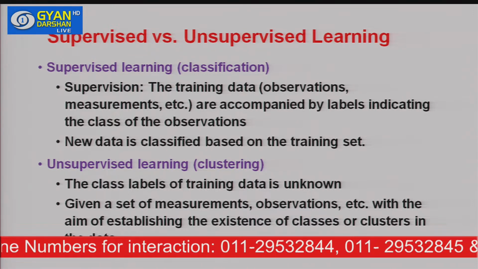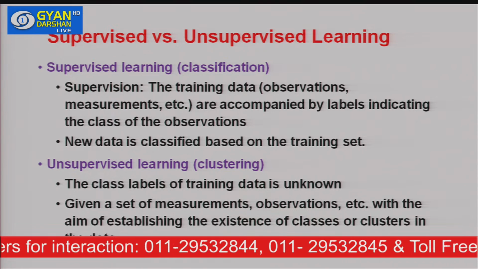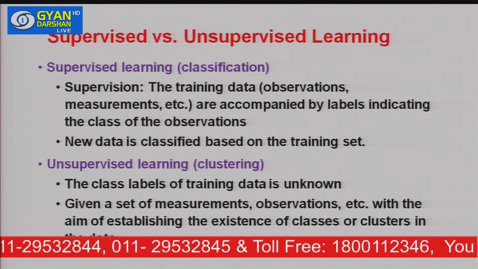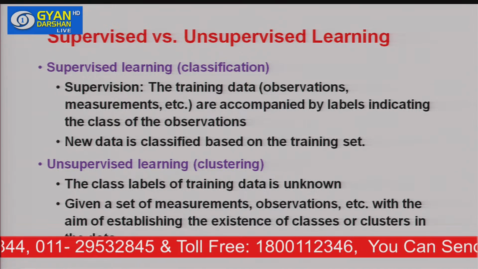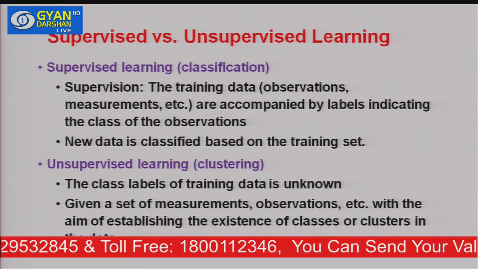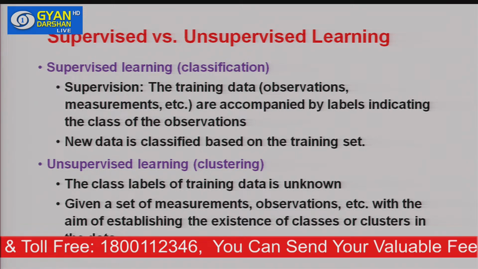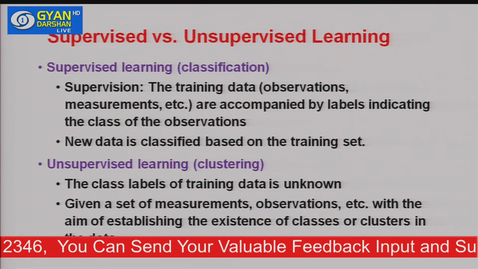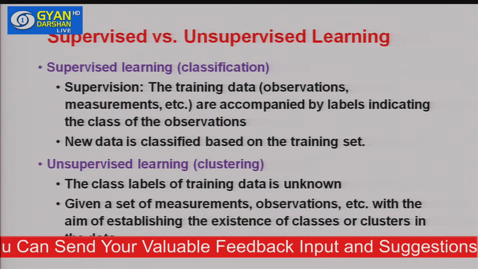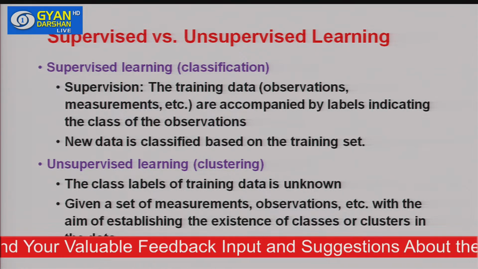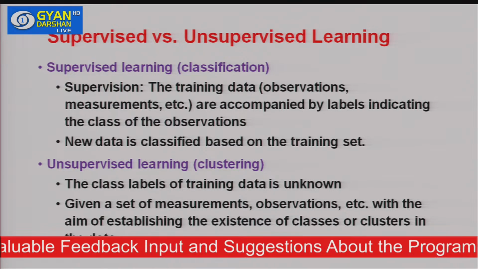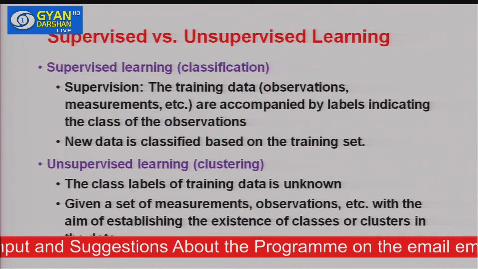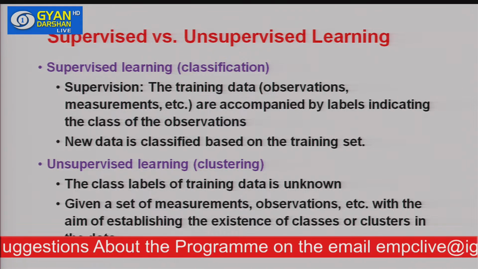In literature, we have two different types of learning: supervised and unsupervised learning. Classification is a type of supervised learning, so there is some kind of supervision, and the observations along with their classes are fed to the system. This is basically the training set.